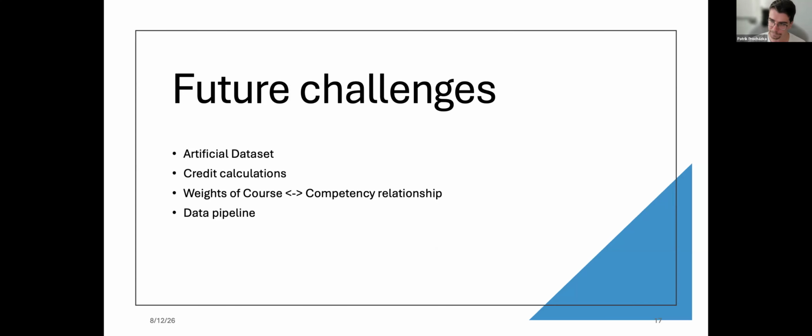There's a mess in the data, and we thought with colleagues the biggest benefit to make this really work will be to create an artificial data set based on the real data from our university, but artificially polished to the best version we can use.